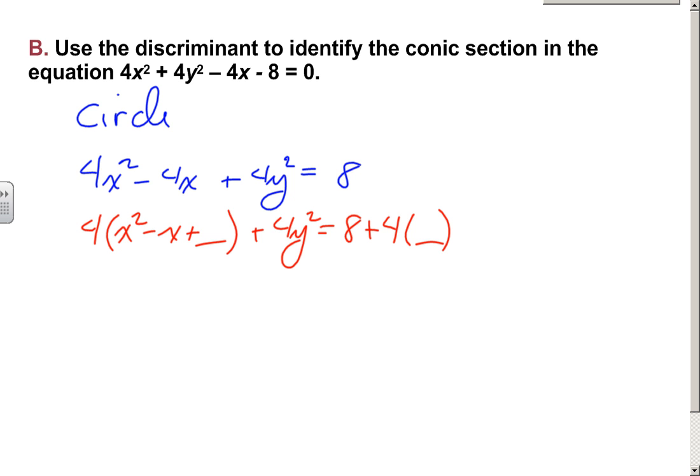And our something here is 1/2 of 1, so it's 1/2 squared, and 1/2 squared is 1/4.